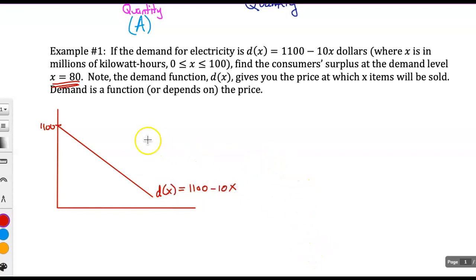Okay? Now, I know that the demand level is 80. So what I do is I go on the x-axis, because it literally says x equals 80, and I find 80, and I go up to my curve. By the way, it's not drawn to scale. I really don't know where 80 is. I'll put it out here.